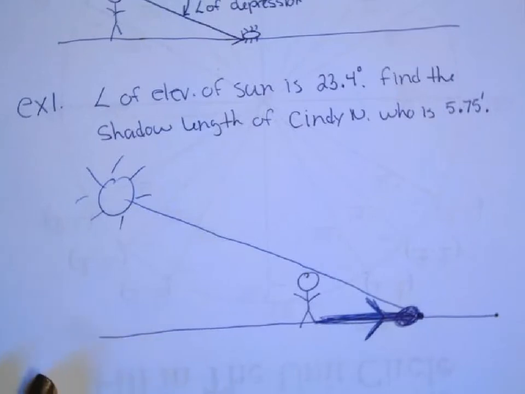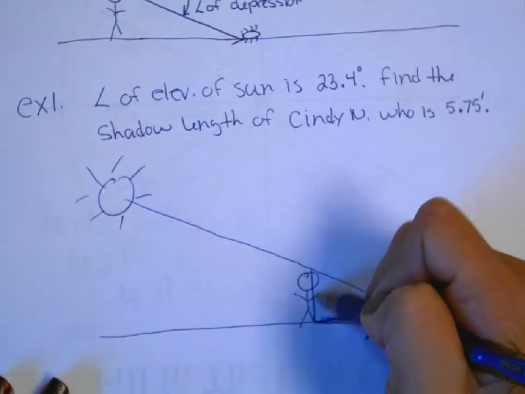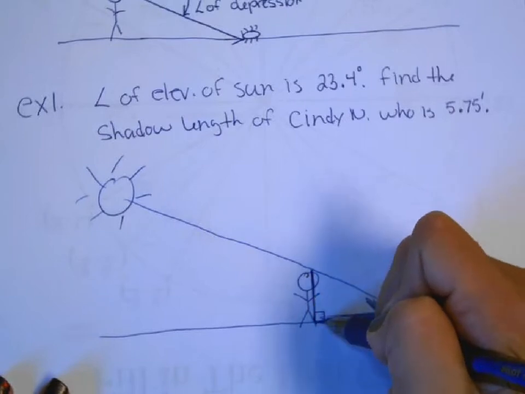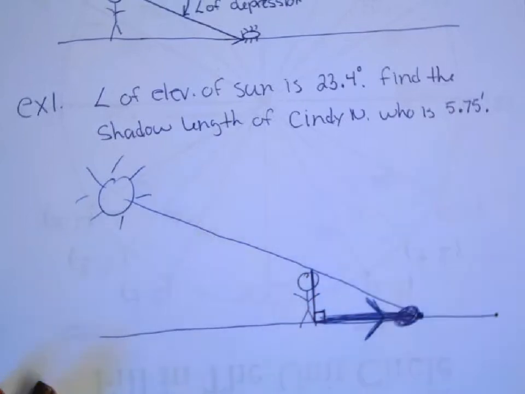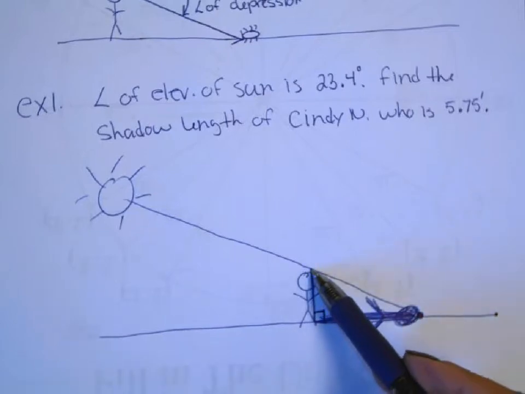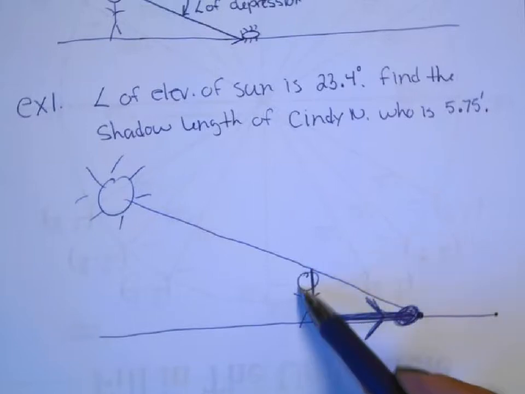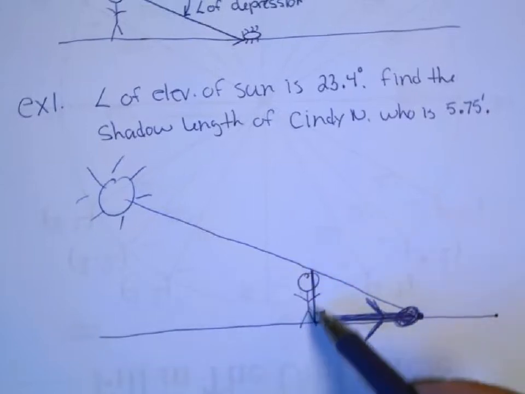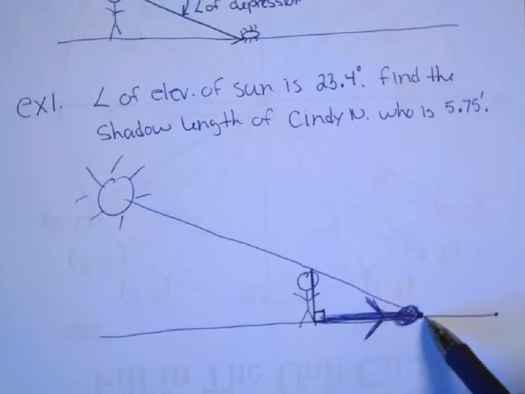So there's my right triangle. The sun rays behind her, she's blocking the sun. So it starts being blocked. All of the rays behind her are blocked, and then this one gets past her, and that gives us the end of her shadow.